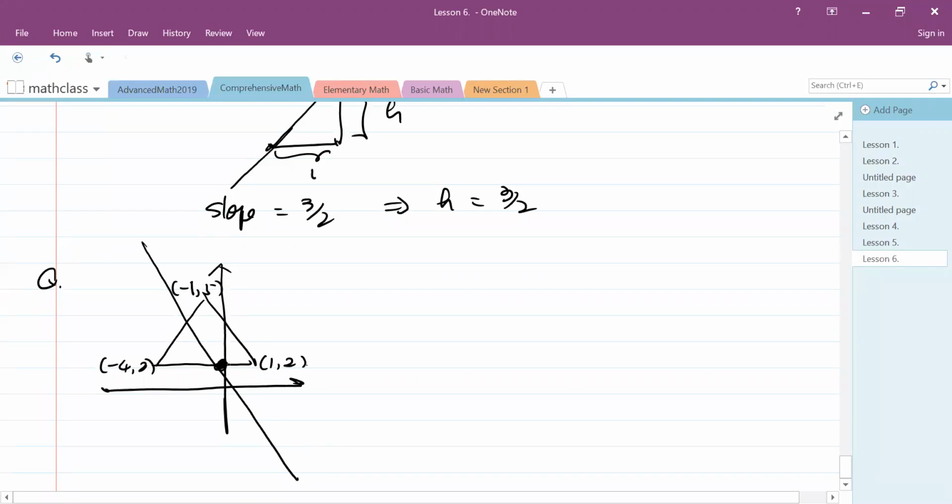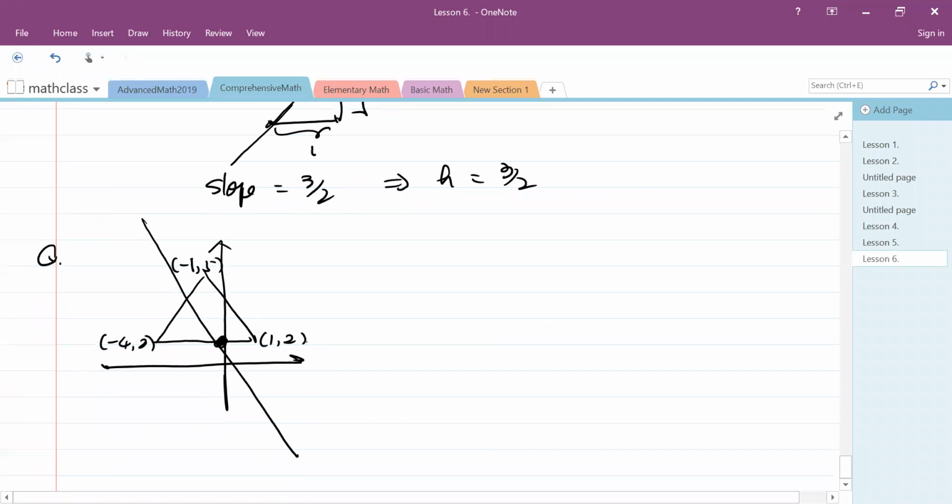Let's see, find the slope of the line, right?